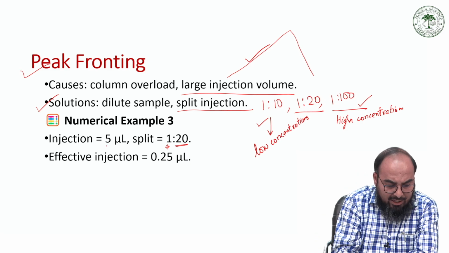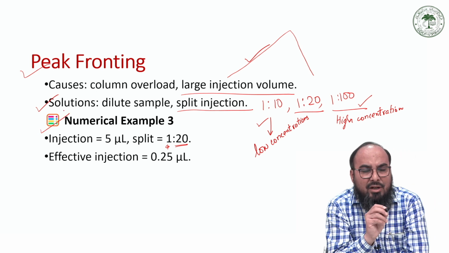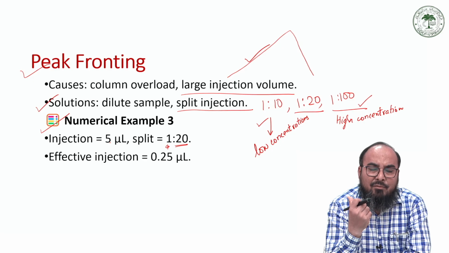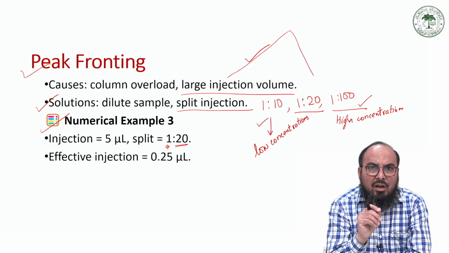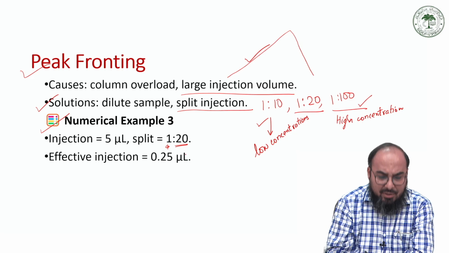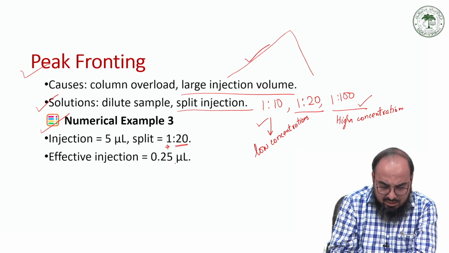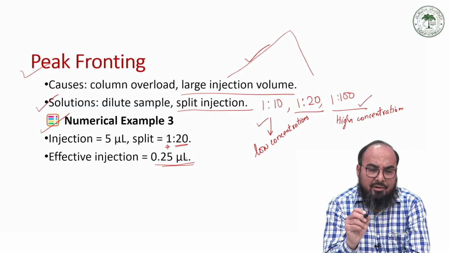Similarly, we have given a very simple numerical. For example, if you injected 5 microliters of your sample into a column, and the split ratio is 1:20, then only 1 part out of those 20 will go to the column for separation. So 1 part comes out to be 0.25 microliter.